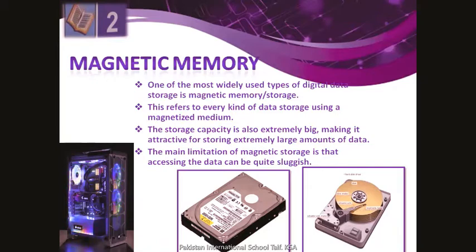This refers to every kind of data storage using a magnetized medium. The storage capacity is also extremely big, making it attractive for storing extremely large amounts of data. The main limitation of magnetic storage is that accessing the data can be quite sluggish.